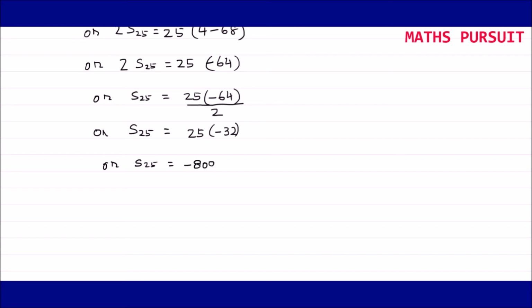Guys, this is the answer that we are looking for. The sum of the first 25 terms of the given question is minus 800.